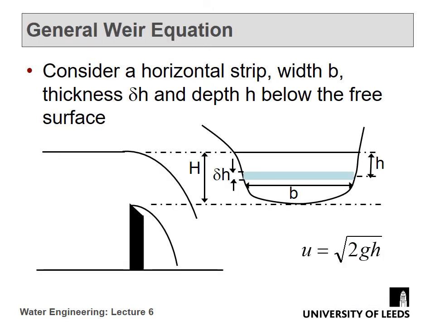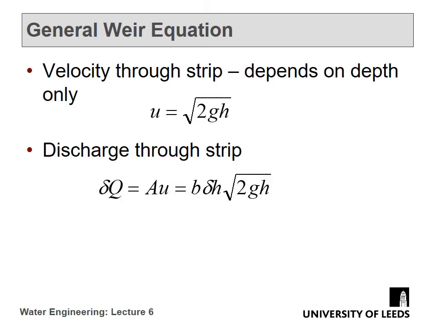Right, how do we do the integration? Well, here's another closer picture of that flow over the weir at this depth h. We've got our velocity u at this depth h, it's root 2gh. And let's consider a thin strip, delta h. So delta h times the width is equal to the area, and the area times the velocity gives us what we'll call delta q.